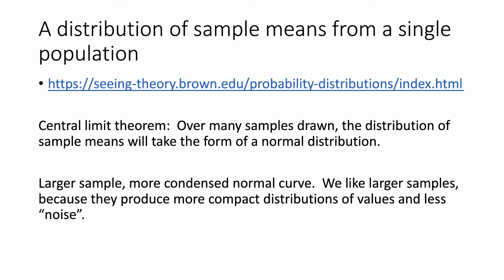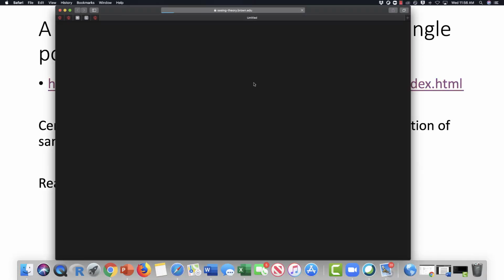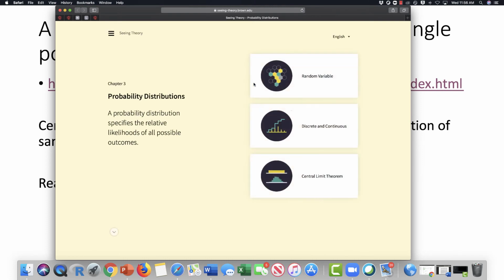And the larger your sample is, the more condensed your normal curve will be, the more confidence it's going to give you. That's why we like larger samples. They have less noise. But I want to show you, this is a website you have a link to in your Moodle page. This is a really cool illustration of this.